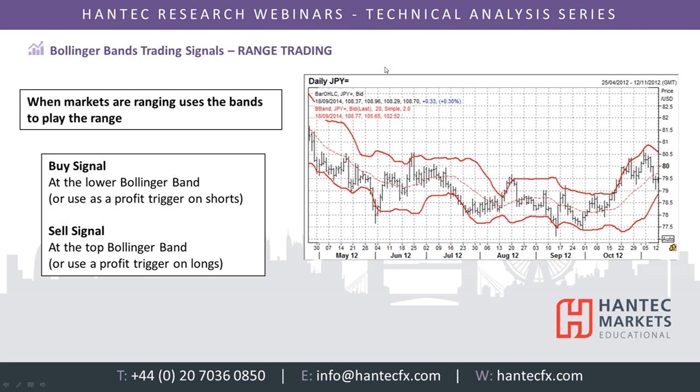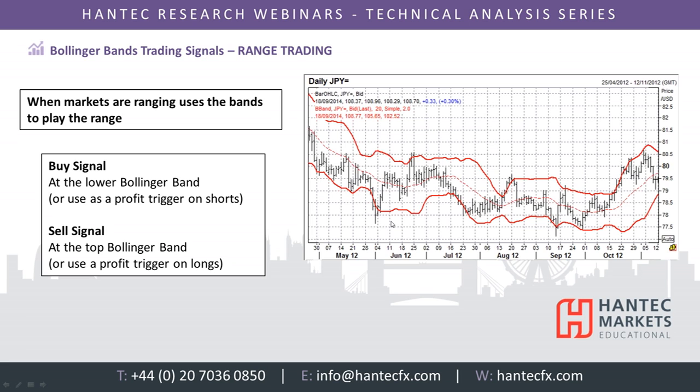Right, range trading. Now, range trading basically works when you've got flat bands. So you're looking for flat Bollinger Bands that are not really going anywhere, and would suggest a sideways trending market. And what you're effectively doing is just looking to play the bands. So you play the range with the bands.